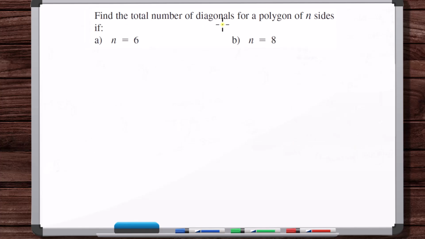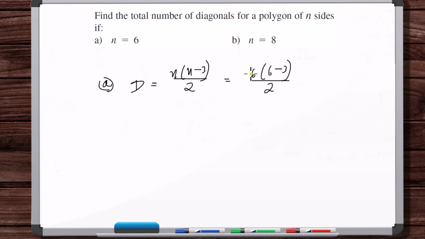Okay, find the total number of diagonals for a polygon of n sides if n is equal to 6 and n is equal to 8. So, same process. You've got n times n minus 3 over 2. So, 6 times 6 minus 3 divided by 2. So D, the number of diagonals, is equal to 3 times 3, which is 9.